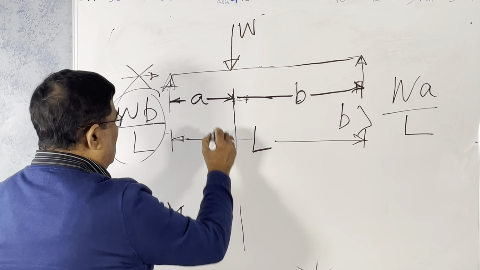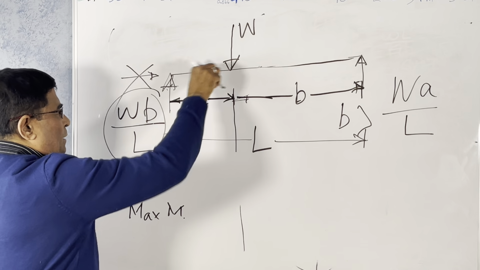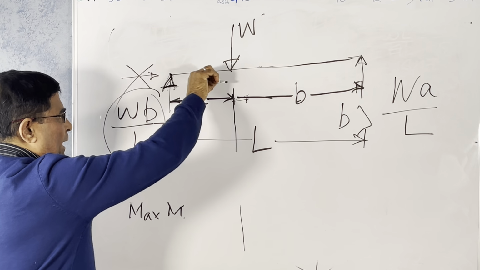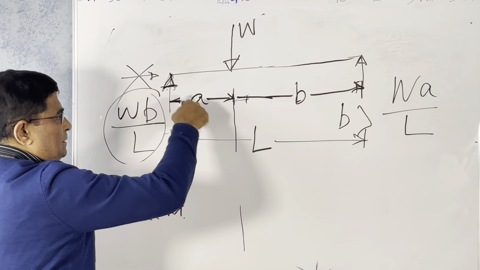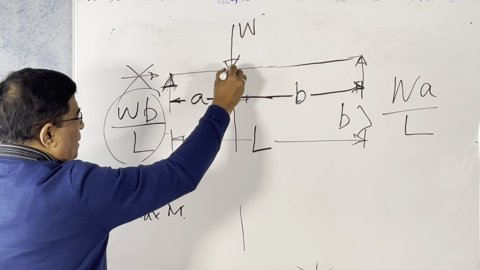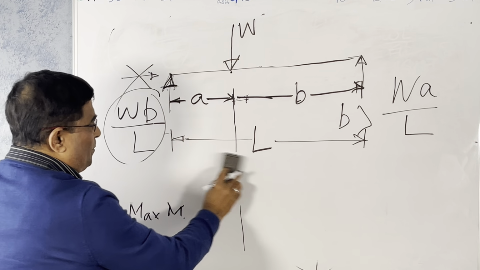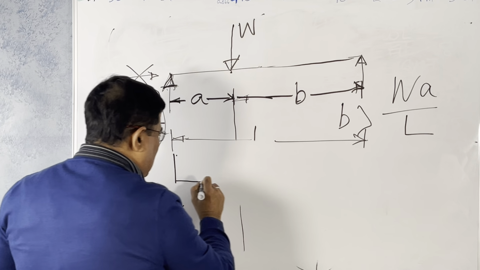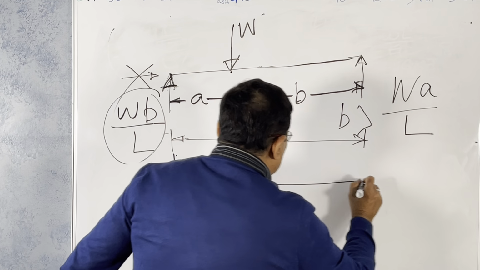There is no force in between, so whatever moment is caused at this point is the moment under the load. Also, another thing you should remember: when you draw the shear force diagram, it is like this.